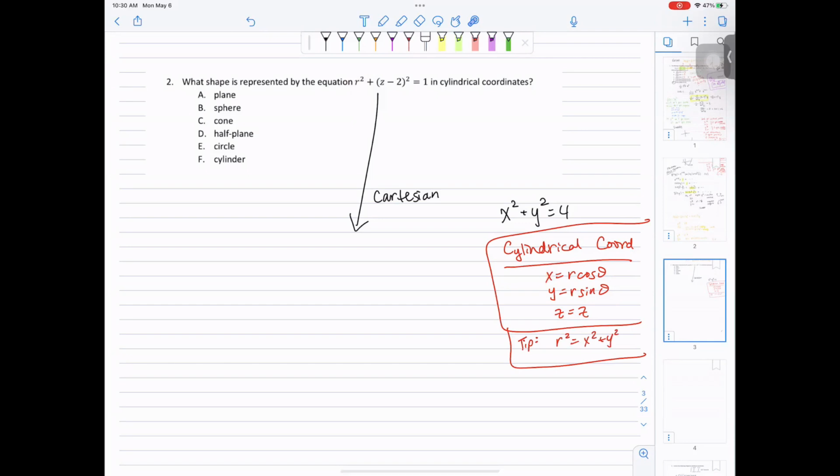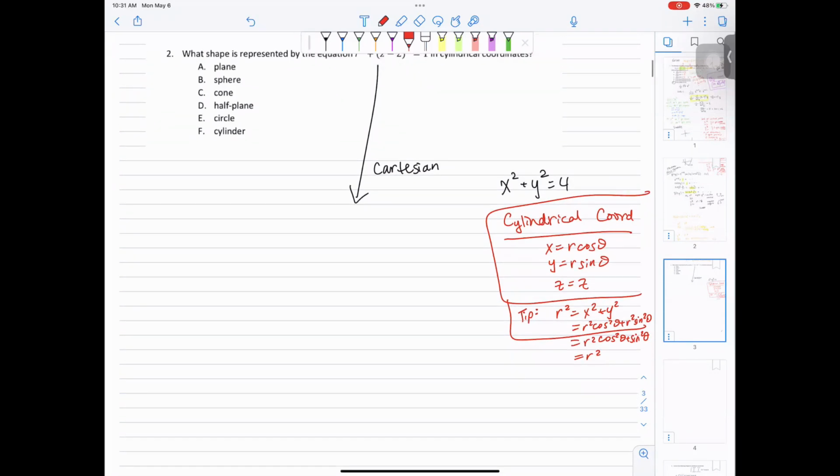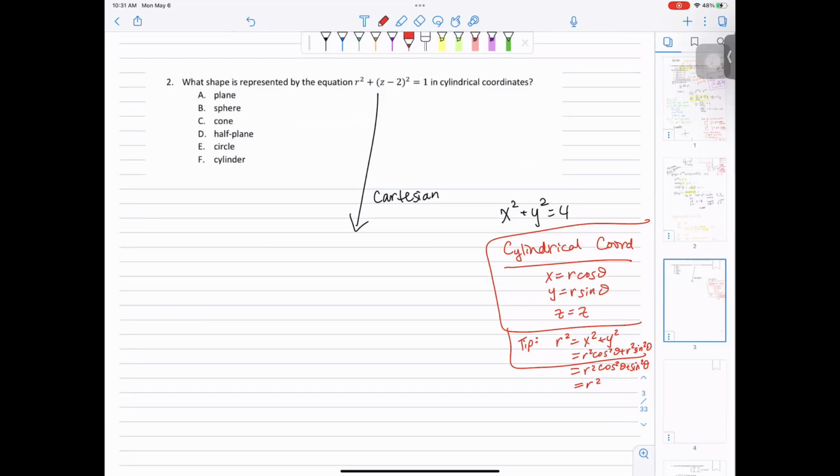Because if I do x squared plus y squared, I get r squared cosine squared theta plus r squared sine squared theta, and cosine squared theta plus sine squared theta is 1. So I get r squared. So that means that r squared is really x squared plus y squared. What is z? Z is still z in cylindrical coordinates.